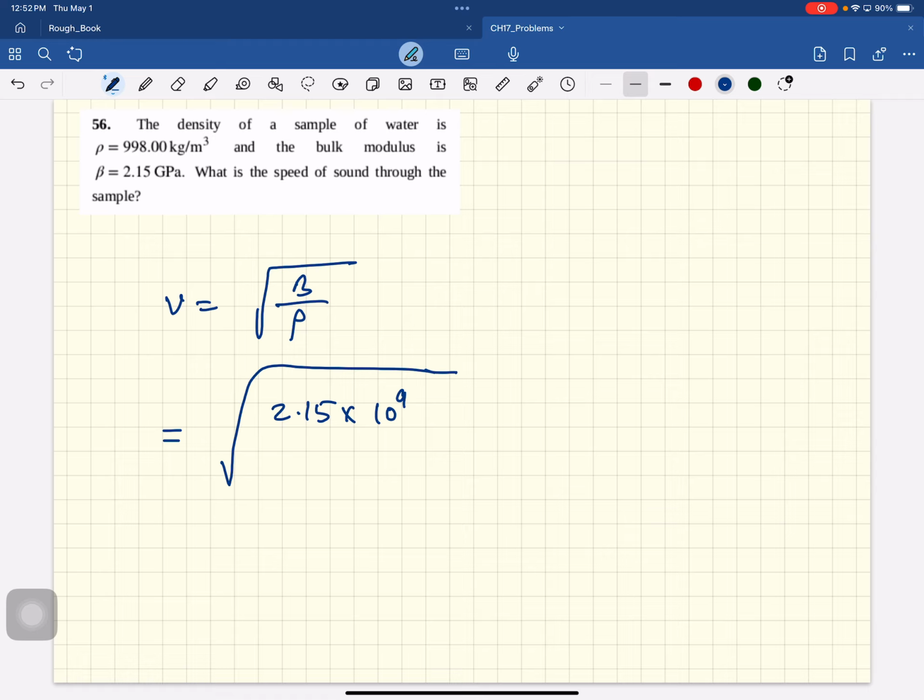Newtons per square meter. Newton, very good. It's pressure, so Newton per meter square. And this density is 998 kilogram per meter cube. And of course, all of that will work out. This is a velocity, so it'll work out to meters per second. Here's how you quickly think of this. This is 1,000. That would become 10 to the 6. Square root of that would be 10 to the 3. So that'll be kilometers a second. Square root of 2, 1.4 kilometers a second.